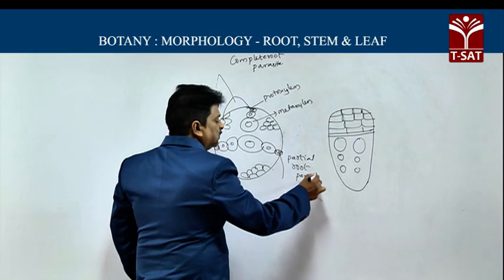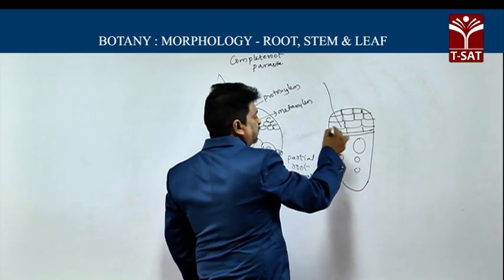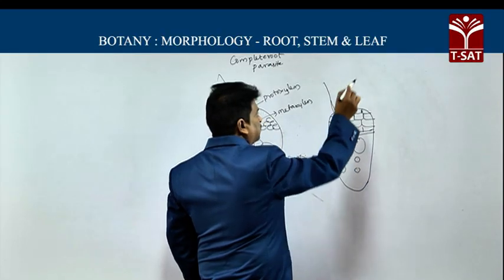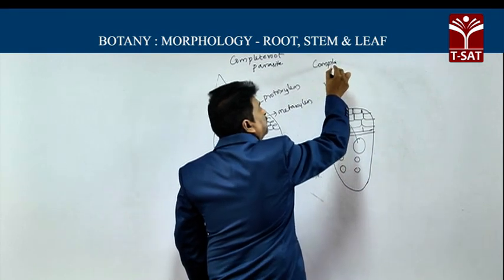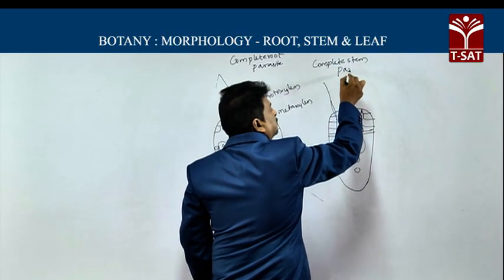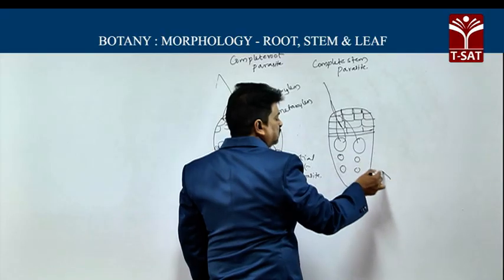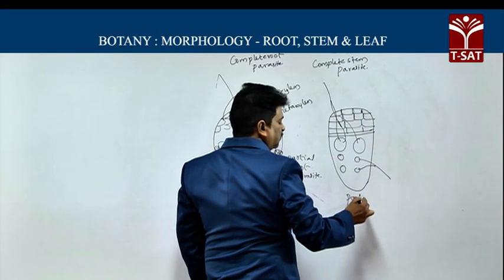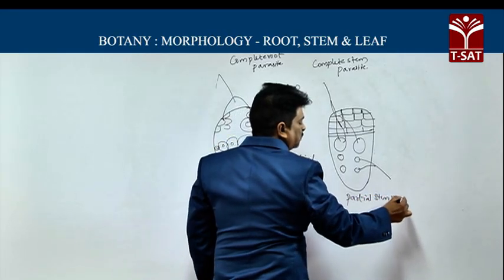And if the parasitic root is connected with collateral vascular bundles, that is called a complete stem parasite. And if haustoria are connected with only endarch xylem, it is called a partial stem parasite.